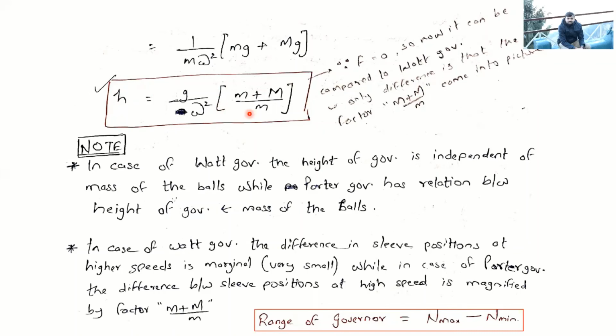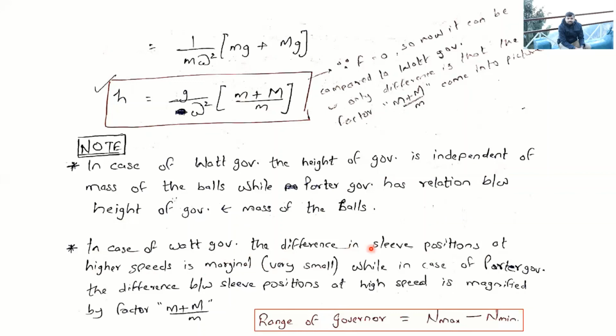Now, in case of the Watt governor, the height of the governor is independent of the mass of the balls, while the Porter governor has a relation between the height of the governor and the mass of the balls. So if you want to determine the height, the mass of the balls is also to be considered in case of the Porter governor. Second, in case of the Watt governor, the difference in sleeve positions at higher speeds is marginal, that is very small.